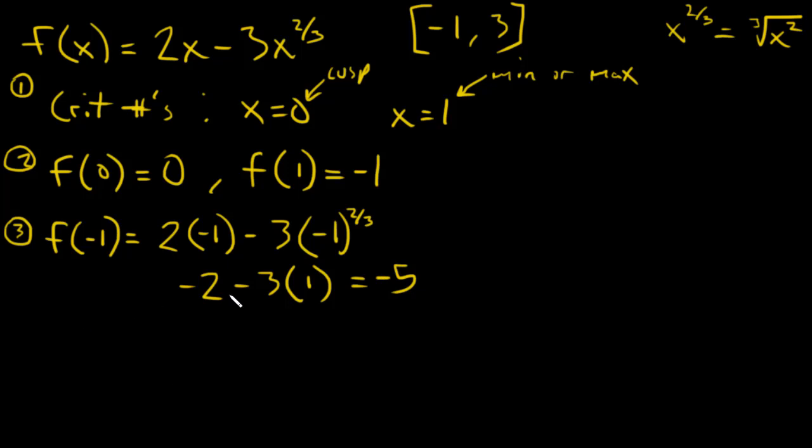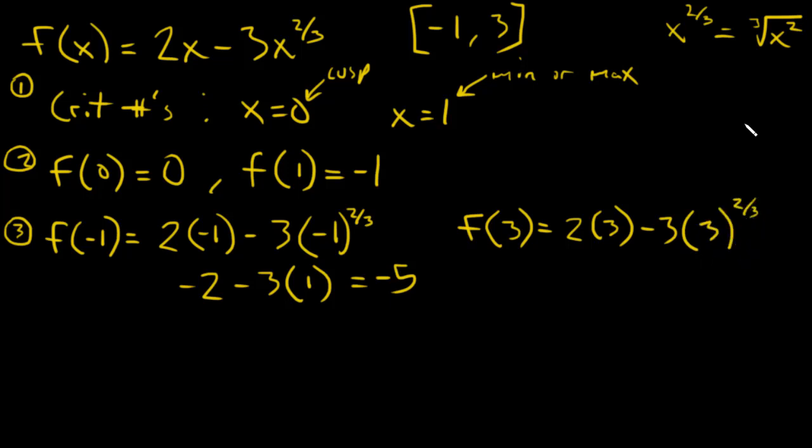Okay? Now I need to do the second endpoint, so f at 3, well, that's going to equal 2 times 3 minus 3 times, well, 3 to the 2/3 power. Well, 3 to the 2/3 power is kind of what we had up there. 3 to the 2/3 is equal to the cube root of 3 squared. Okay?